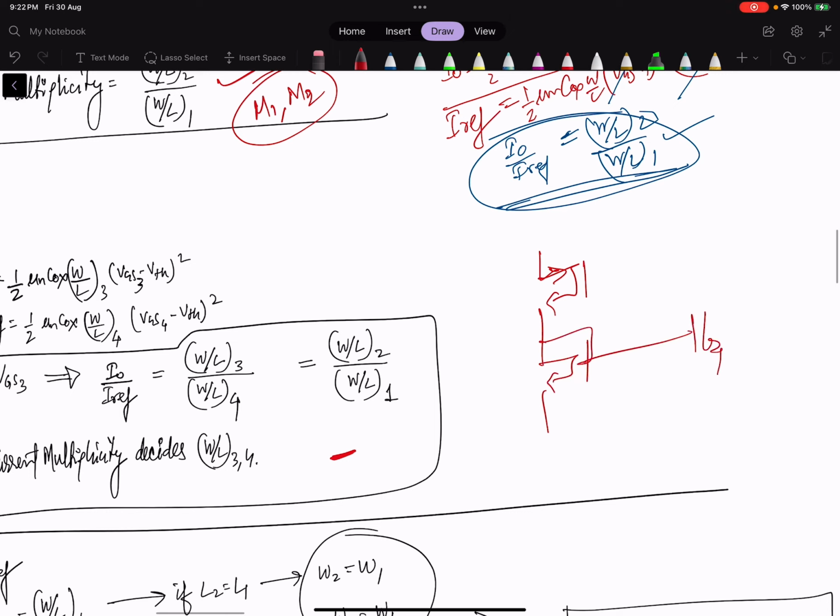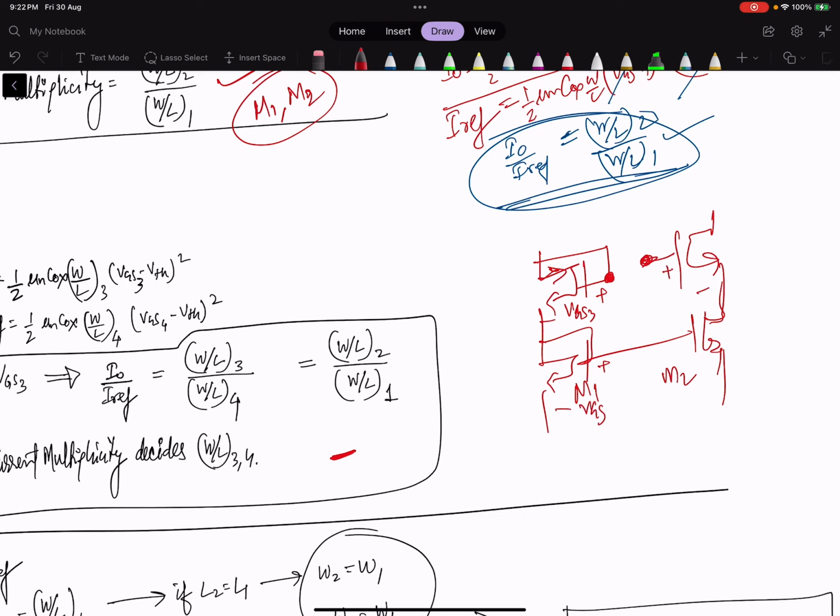We know this is M1 and M2. This has already been designed, and we know how VB will come. We will make this diode connected, and whatever voltage we need, VB is generated here, because this is VGS3 and this is VGS1.